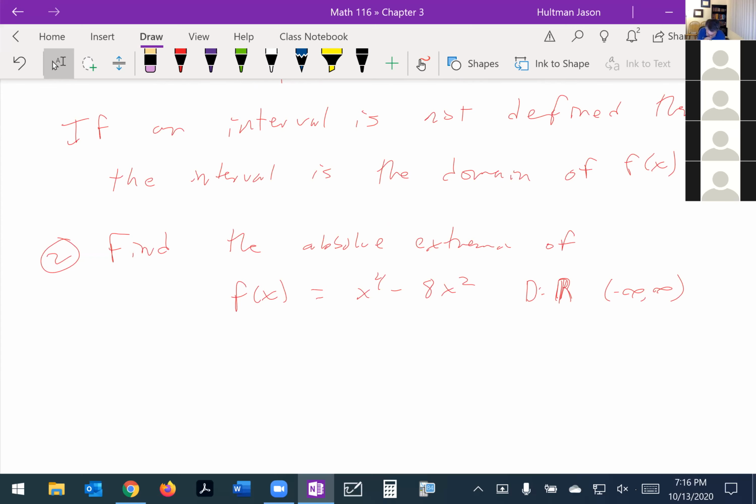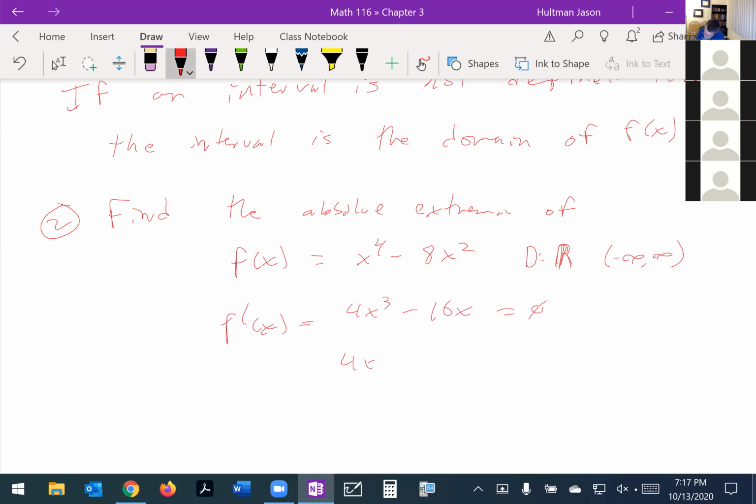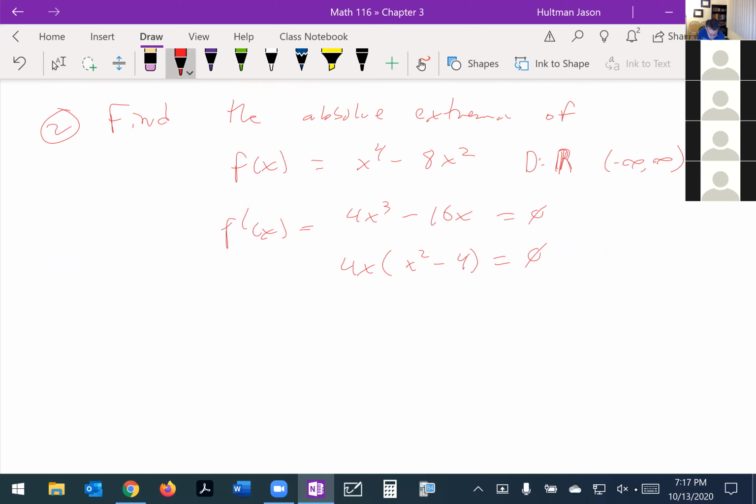So let's find the derivative here. We get 4x cubed minus 16x is equal to 0. I'm going to factor out a 4x. We get x squared minus 4 equals 0. I'm going to factor the x squared minus 4.